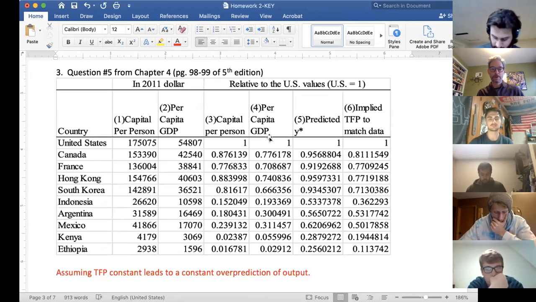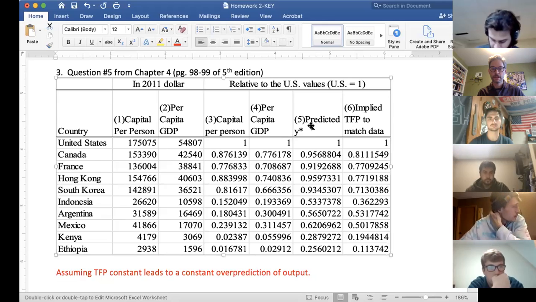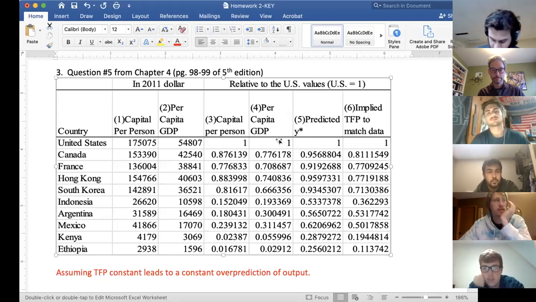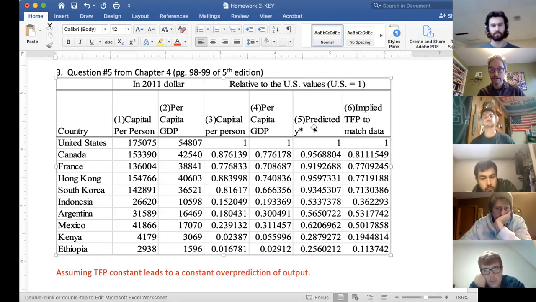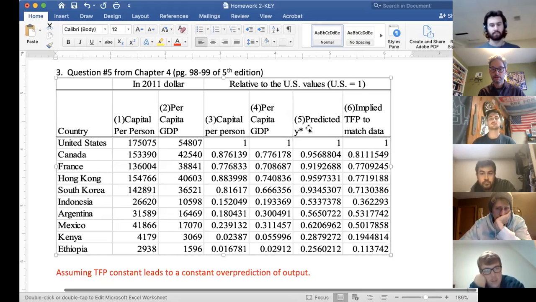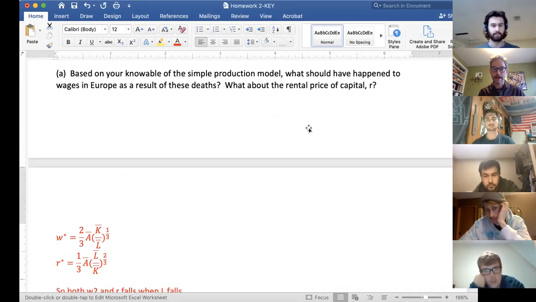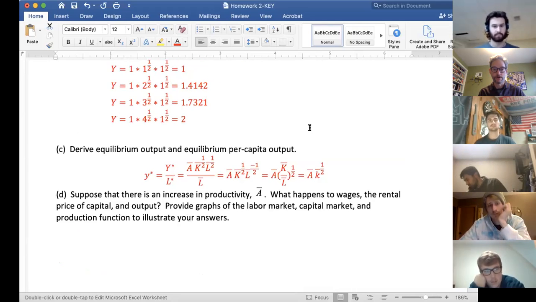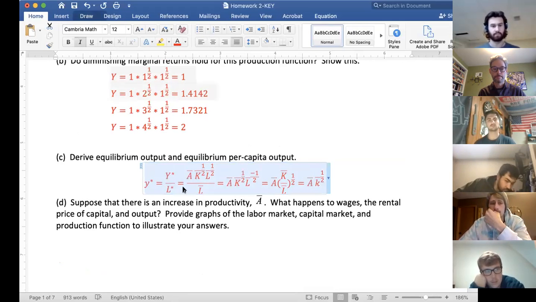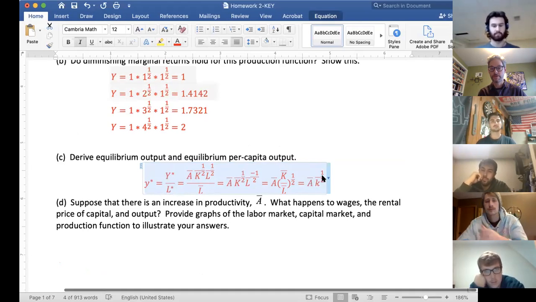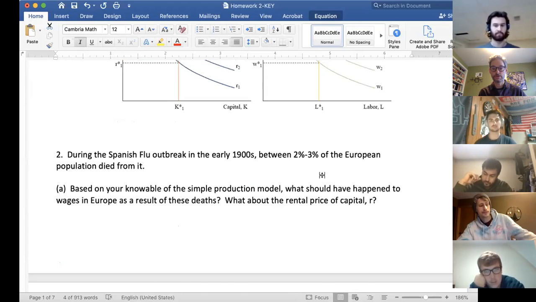So basically what you needed to do here is calculate per capita GDP, the predicted, right, based on what formula? The formula that we derived up here before, right? That per capita output is equal to A times K. You want to use 1/3 in this example and not 1/2, right? So that's the answer that you use.